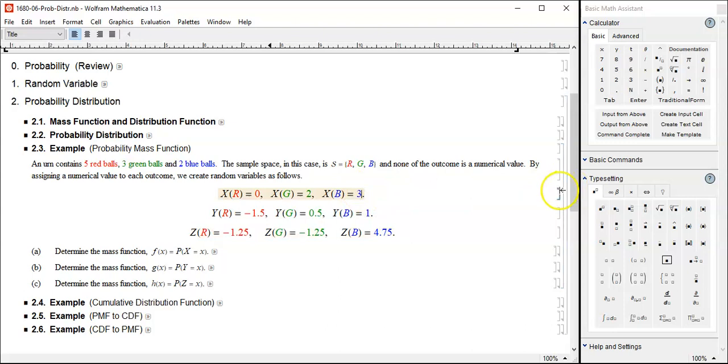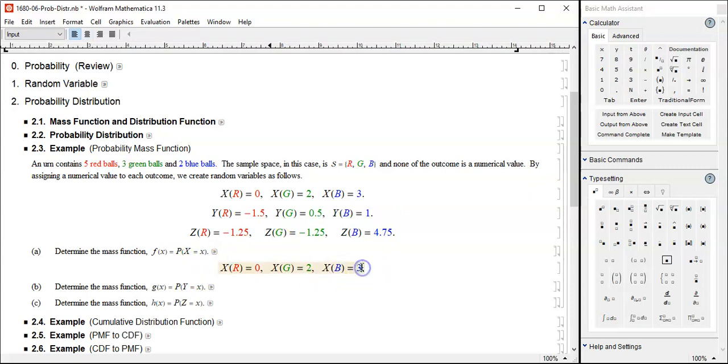Okay, let's begin with this one. Let's consider random variable x. So we have three possible outcomes, 0, 2, or 3. See, we have RGB, and we are assigning 0, 2, and 3 as payoff values, the numerical values. So the possible numerical values are 0, 2, or 3. There's nothing else.